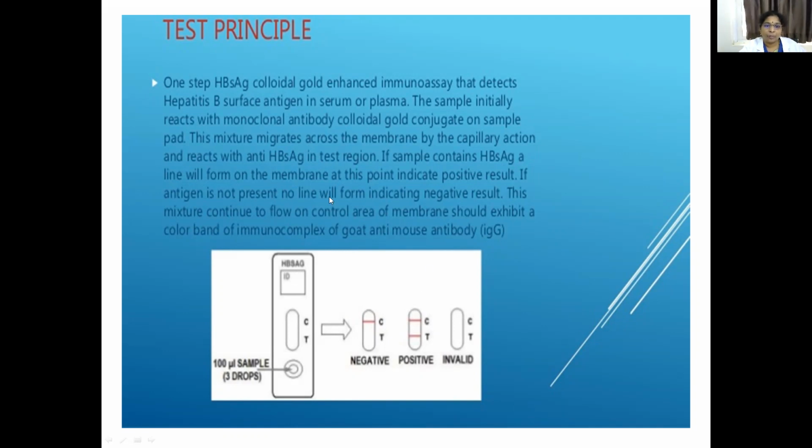If antigen is not present, no line will form, indicating a negative result. This mixture continues to flow to the control area of the membrane and it should exhibit a color band of immunocomplex of anti-mouse antibody. So in the control region also an antibody is present, that is internal control antibody, the anti-mouse antibody, which is IgG.